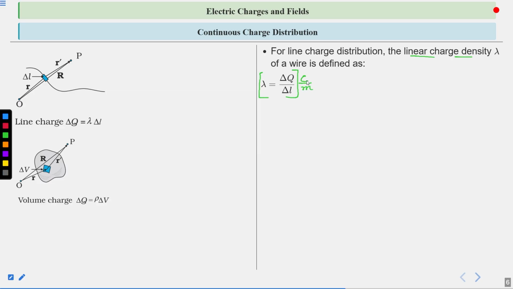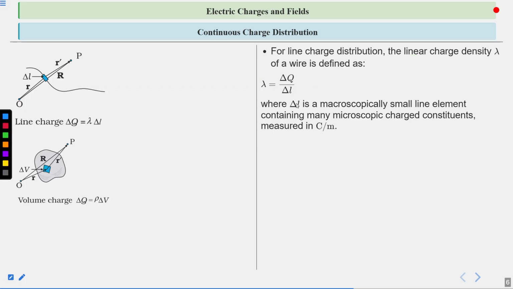So the SI unit of linear charge density is coulomb per meter, where delta S is a macroscopically small line element containing many microscopic charge constituents. Yes or no? I hope this is clear.